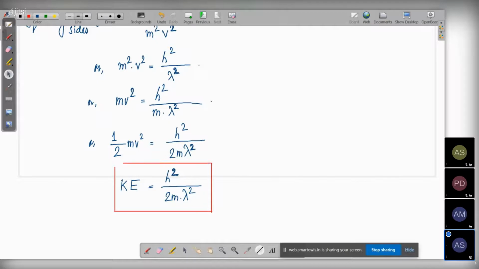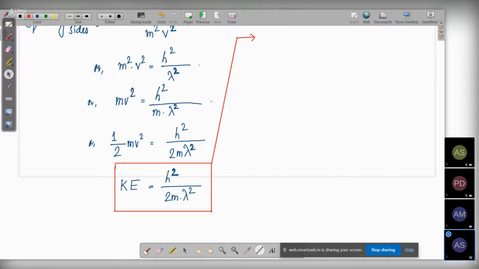Now, if someone asks you to find lambda from here, then how to do it? From this equation, we make lambda the subject.